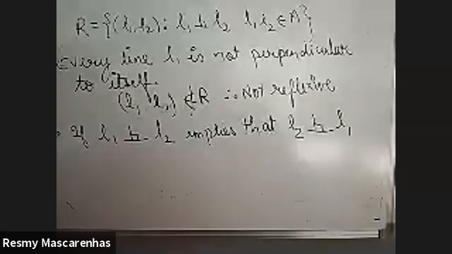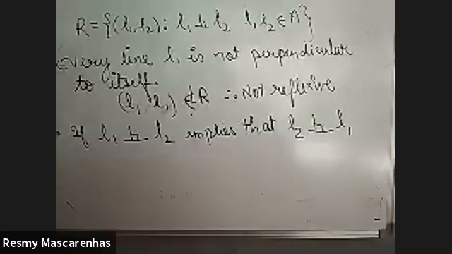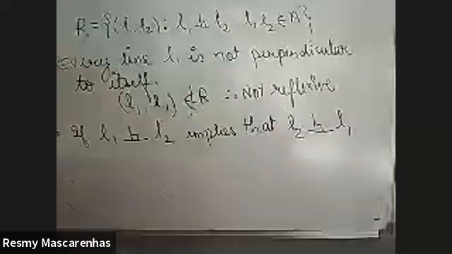So it is holding true. You have to reverse the order and see whether it is symmetric or not. Try first with L1 comma L2, then reverse and see, and it is holding true.